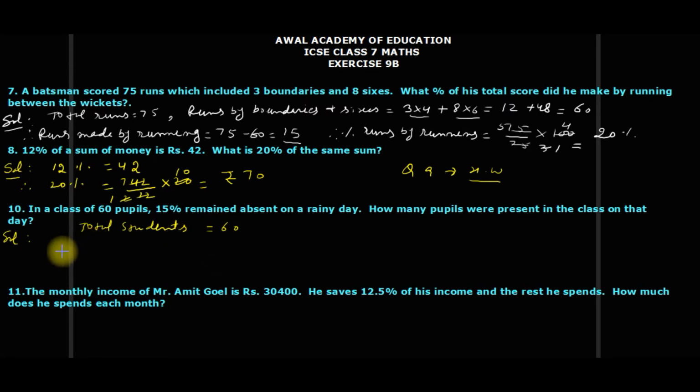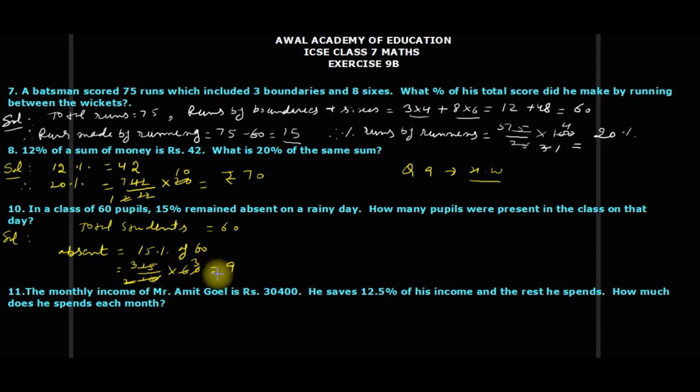absent is 15% of 60, equal to 15 upon 100 multiplied by 60. 5 twos are 10, 5 threes are 15, 3.